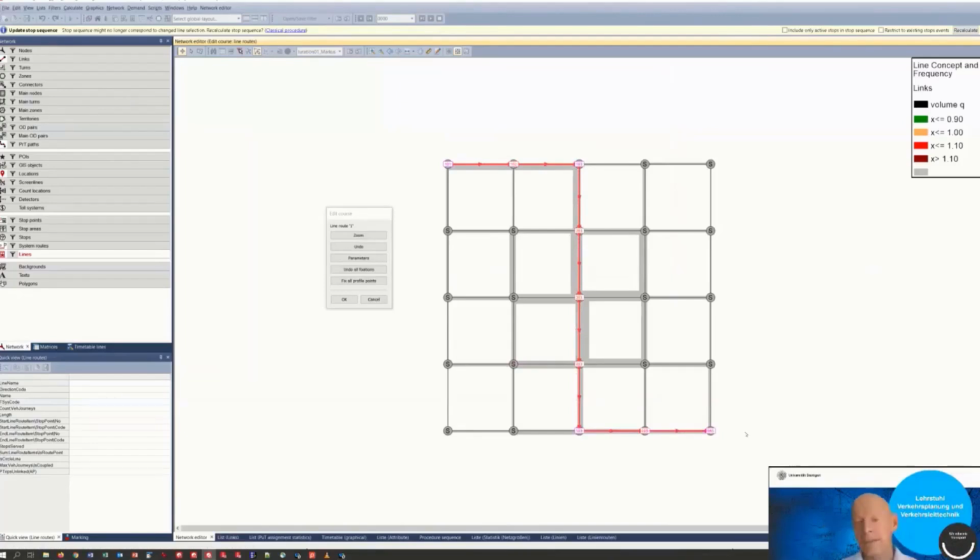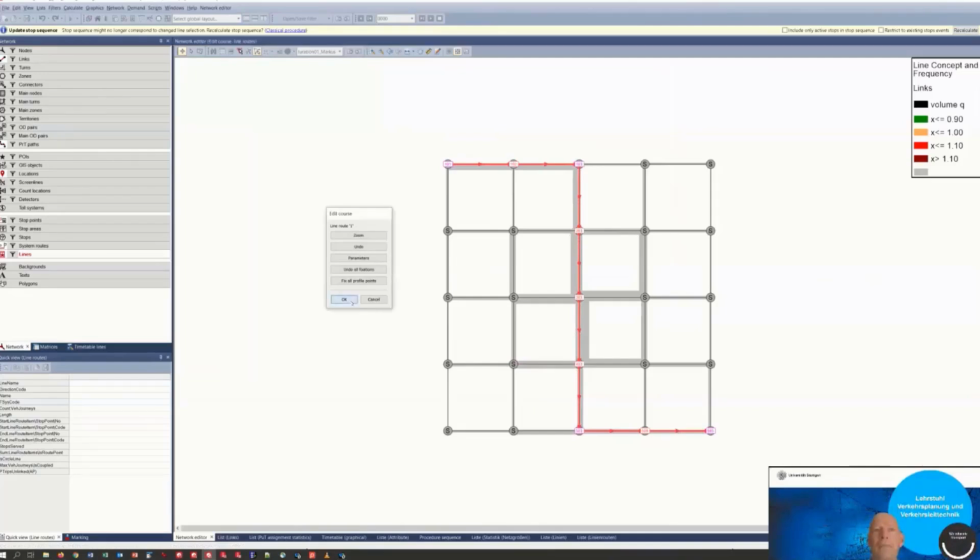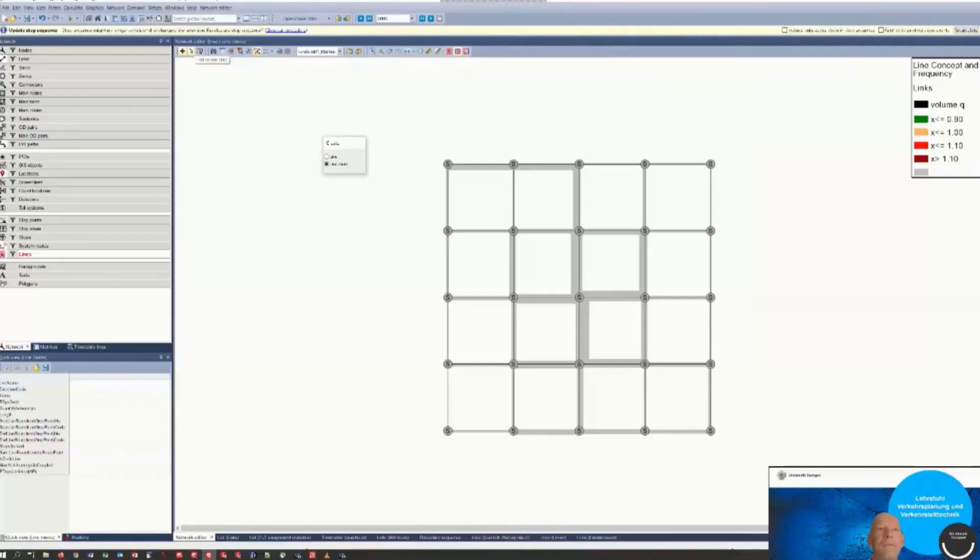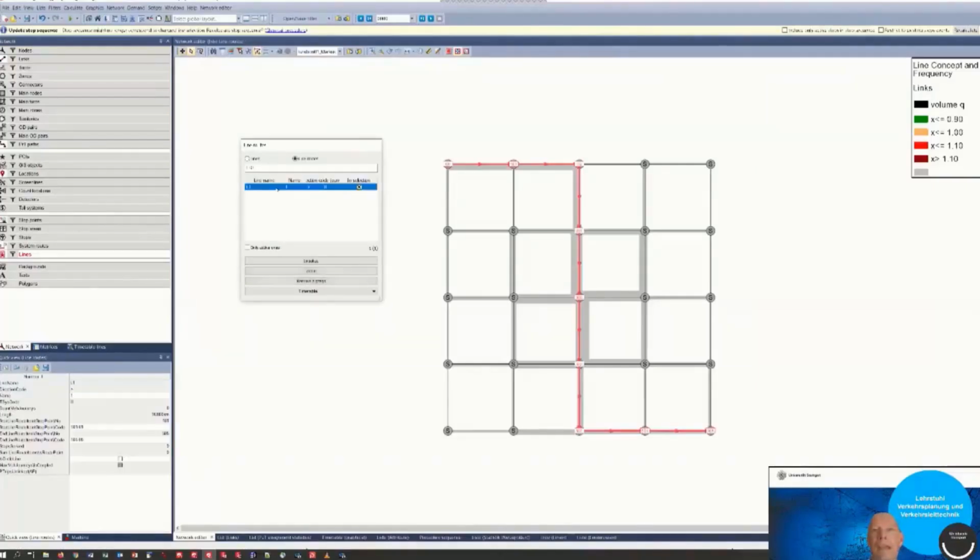That's my first guess. I want to check if that works. I accept that line route, and here it is. Now it's only a line route.